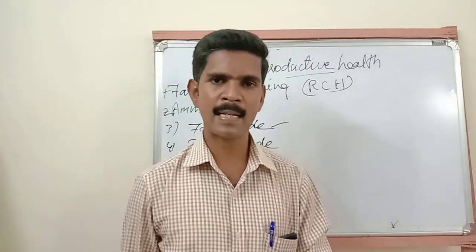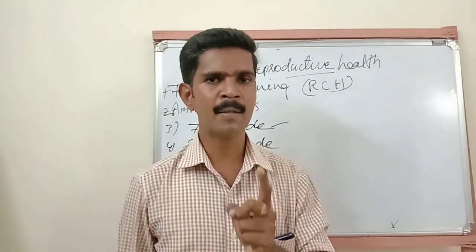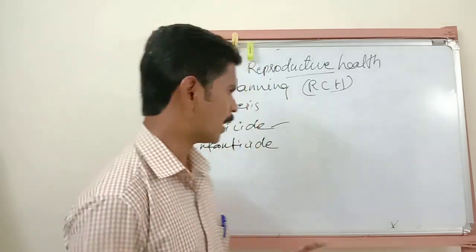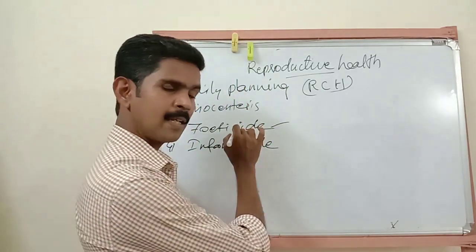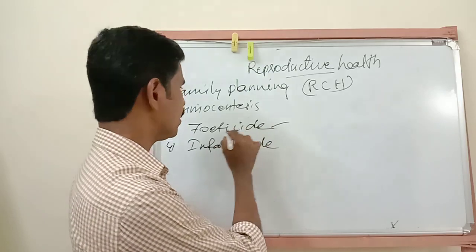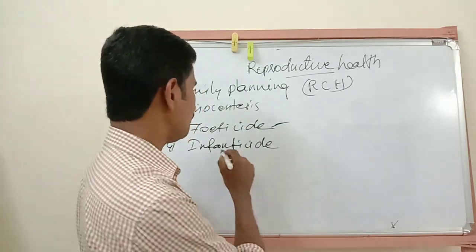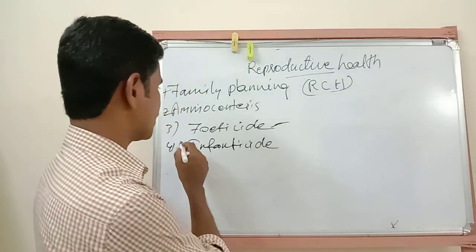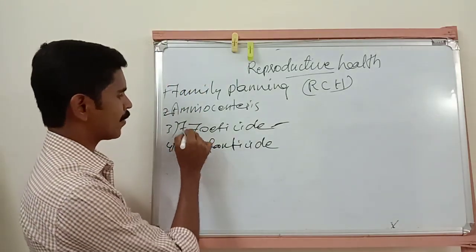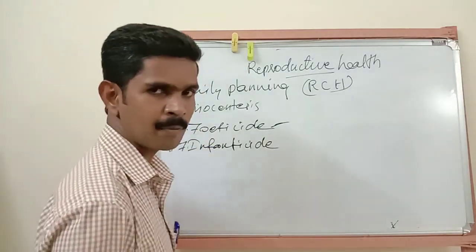Infanticide means killing of the female baby after the birth. Killing the female baby inside the uterus before the birth is called feticide, and killing the female baby after the birth is called female infanticide. Understand all of you, my dear students?